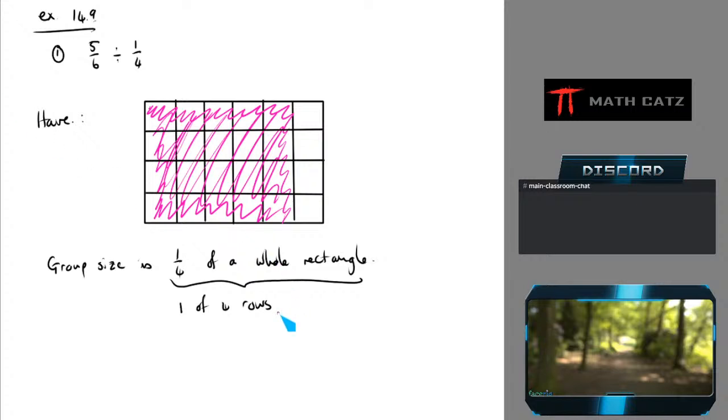And this is where people struggle a little bit to separate the different methods from each other, because what I'm doing now is in reference to a whole rectangle.